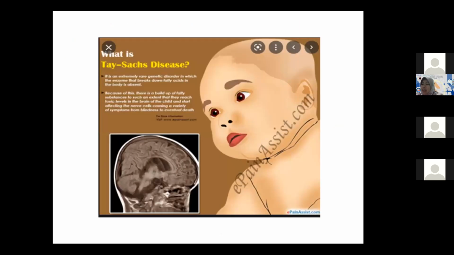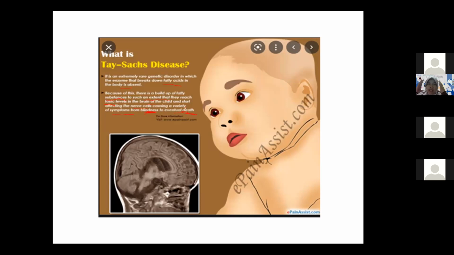You can see it cannot break the fatty acid in the body, and because of this there is a build up of fatty substances that reach toxic level in the brain, where the child starts to be affecting the nerve cell and causing variety of symptoms like blindness, and eventually can lead to death. Right, itu kesan TSH. Sebab dia boleh efek mata, sebab dekat otak kan, boleh efek mata dan boleh menyebabkan kematian.